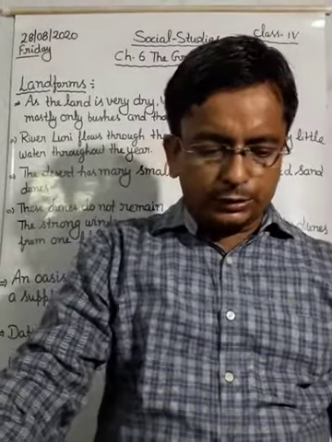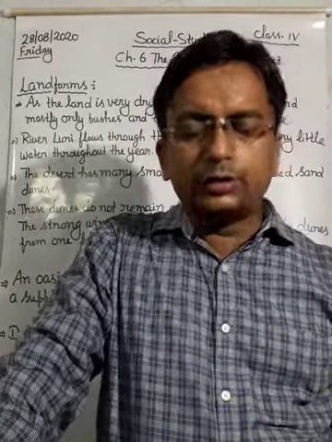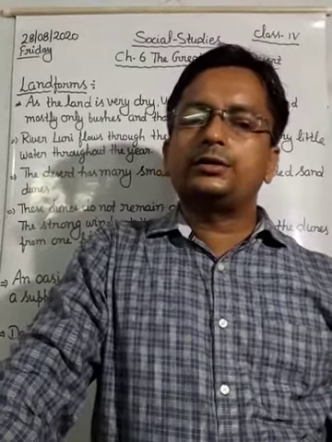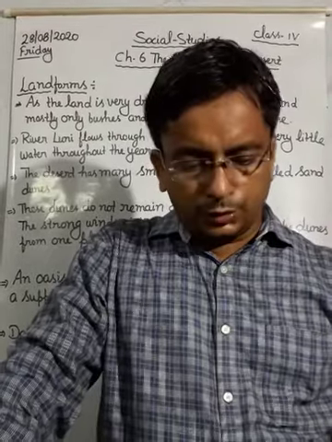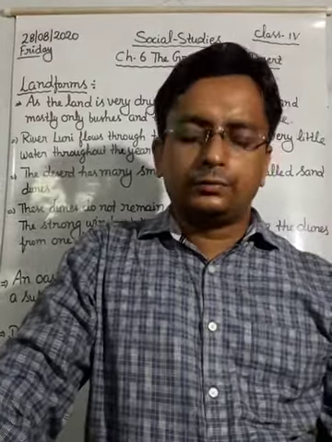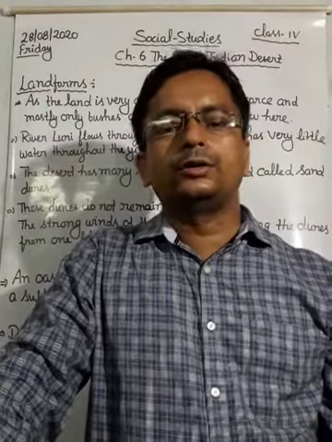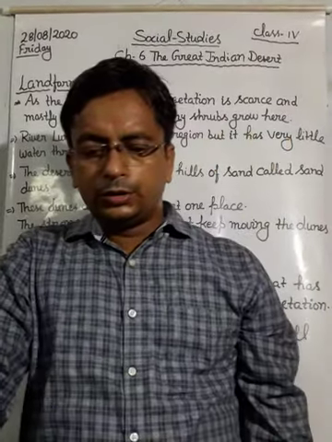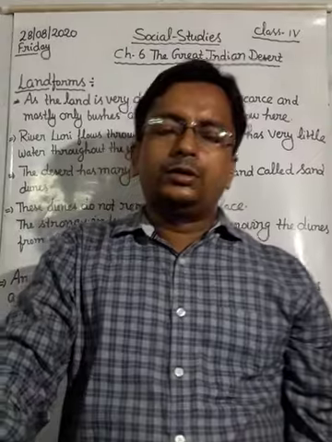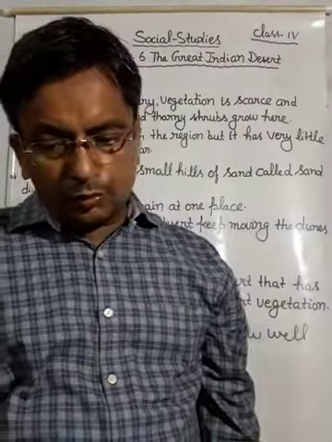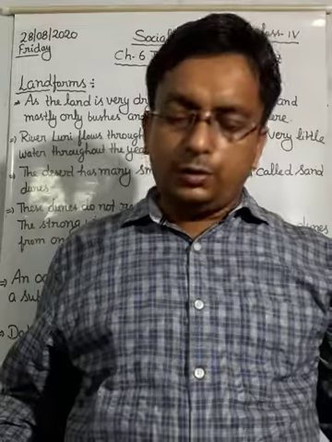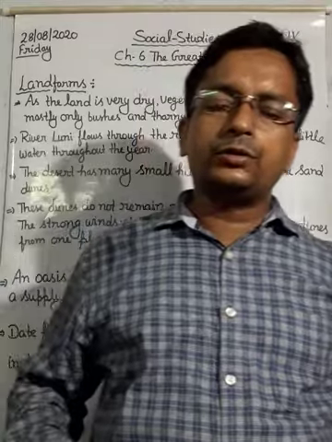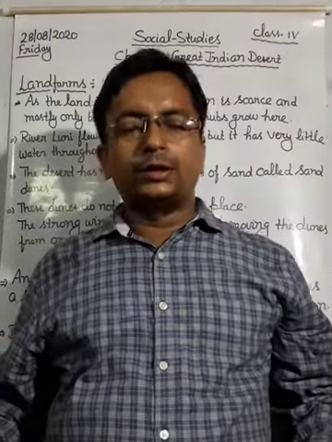Before this, we saw the location and extent of the Great Indian Desert, where it is located and what the extent of the Great Indian Desert or Thar Desert is. Then we discussed the location of many famous water bodies, or physical features, in Rajasthan, in the Great Indian Desert.